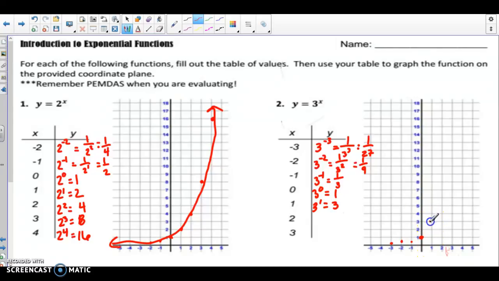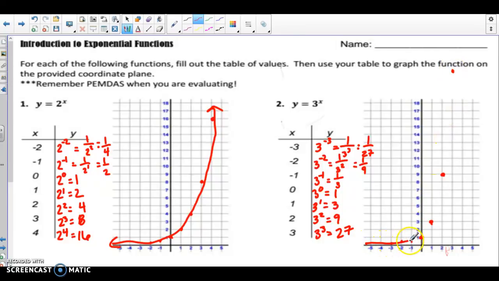When x is 1, y is 3. 3 to the second is 9. So when x is 2, y is 9. And then 3 cubed is equal to 27. So when x is 3, y is way up here at 27 somewhere.